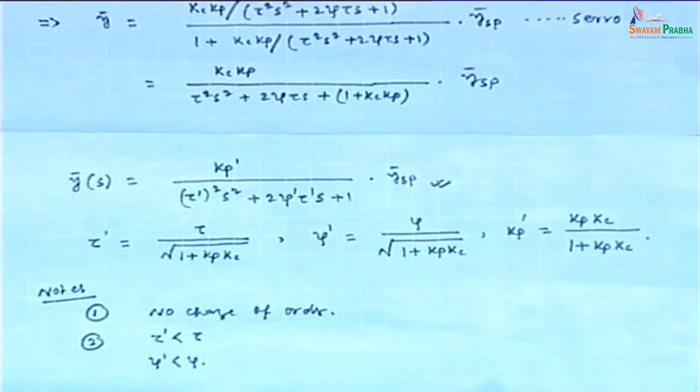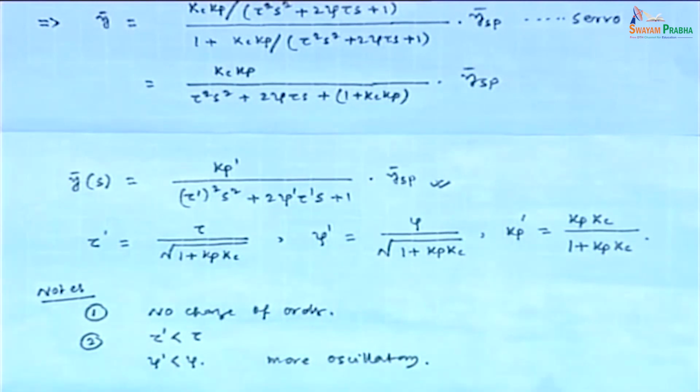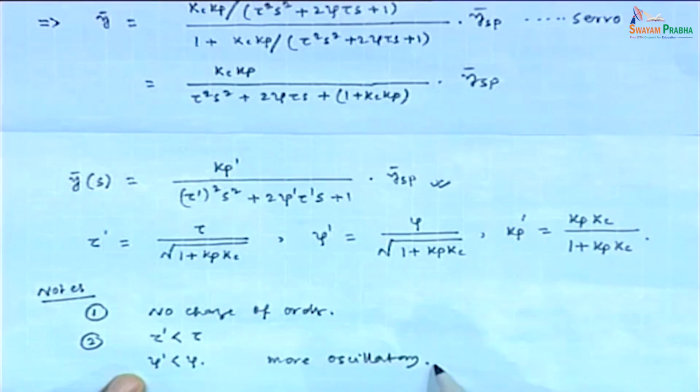It means the overall response under P only control becomes more oscillatory because the damping factor is decreased.